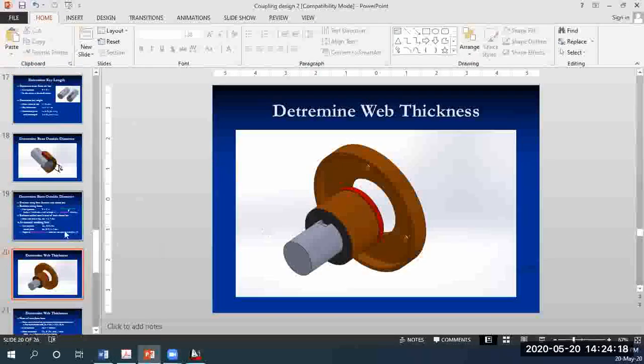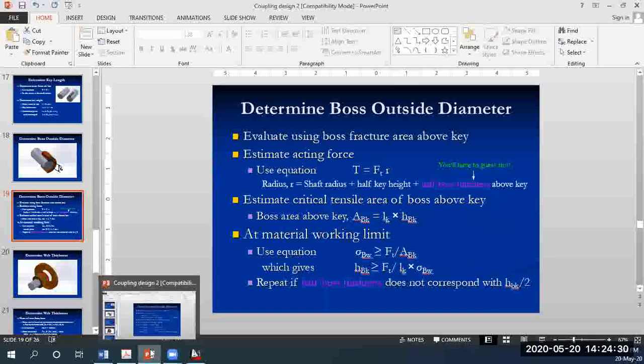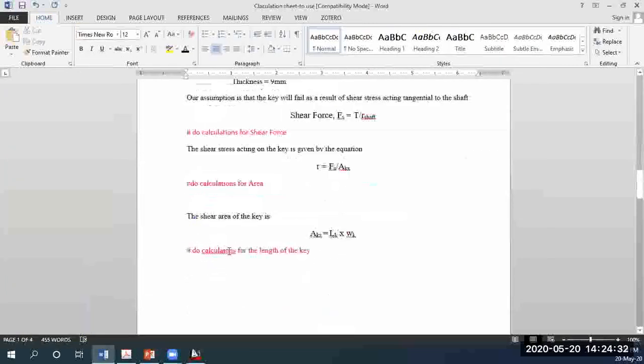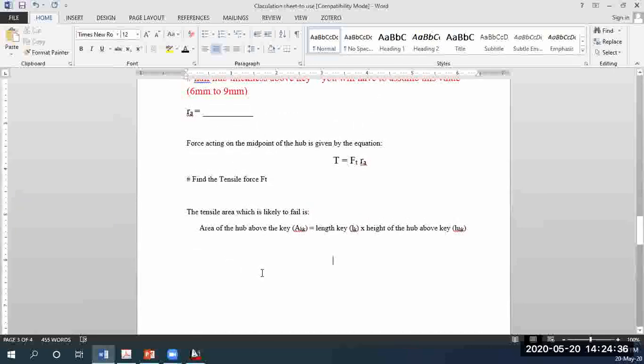Use the equation at the material working limit, which we have done. Stress is equal to the tensile force over the area. So again we use our stress equation. This time, because it's a tensile force, there will be tensile stress acting on the hub height above the key.